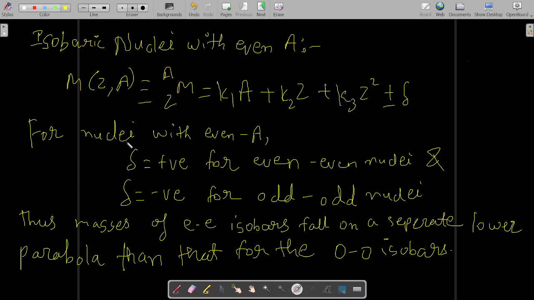Now for nuclei which have even atomic mass number A, delta is the pairing energy.